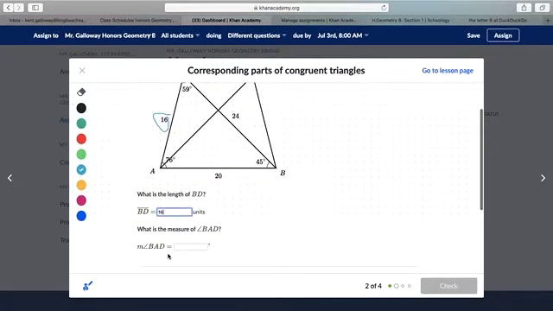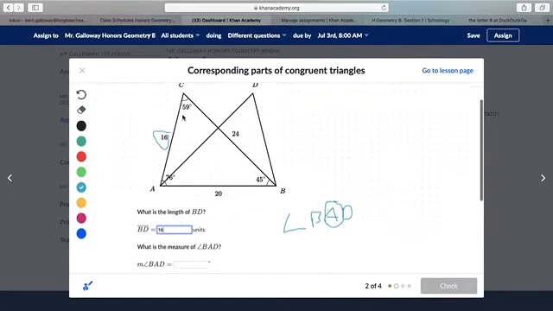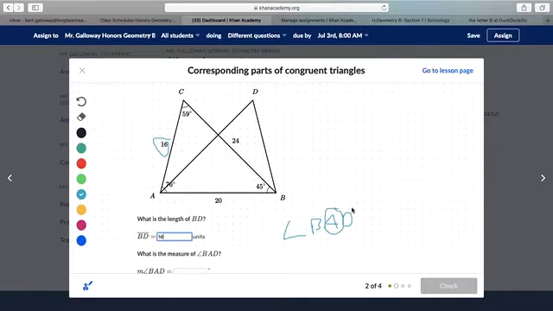Now, angle BAD. Remember, whenever we have an angle and three letters, the angle is the middle letter. So we're looking at A, and the B and the D describe what triangle it's in.